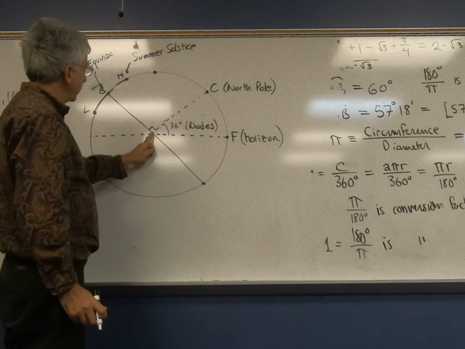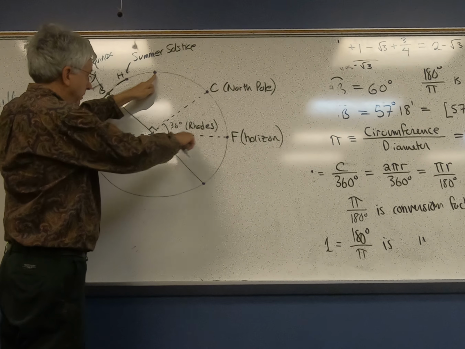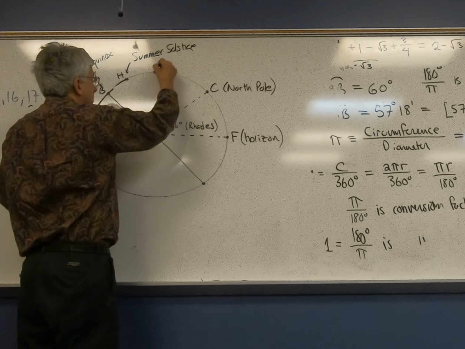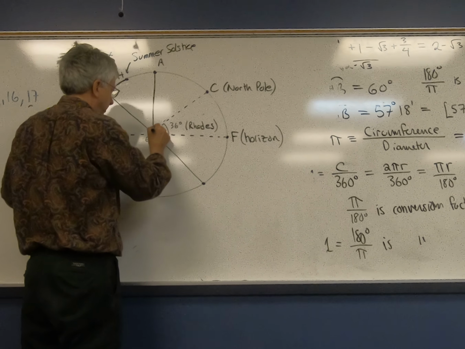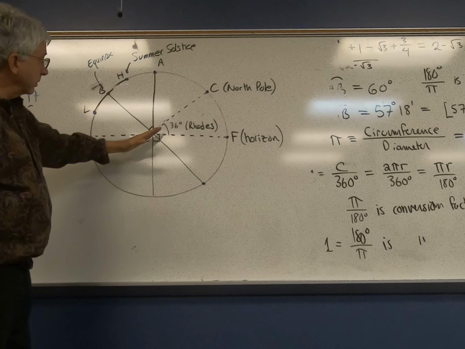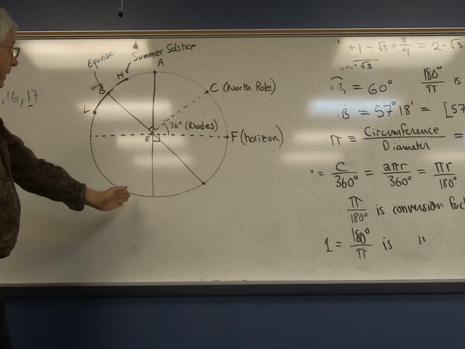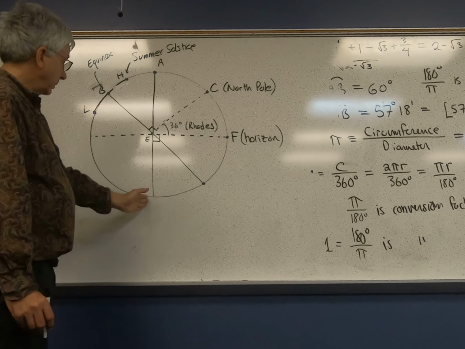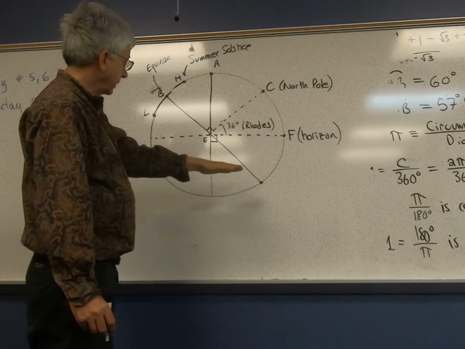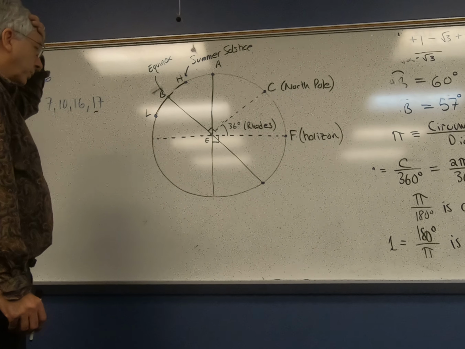So if you're standing on the Earth, the point directly overhead is perpendicular to the horizon, right? So this is also perpendicular here. Right? So we have two right angles. The right angle that the axis of the Earth makes with the horizon, and with the equator, right?